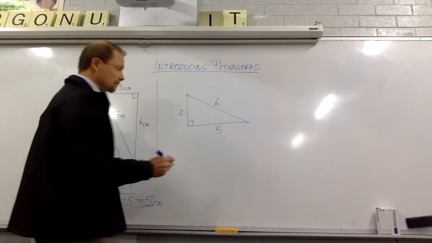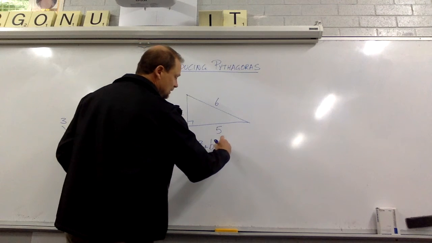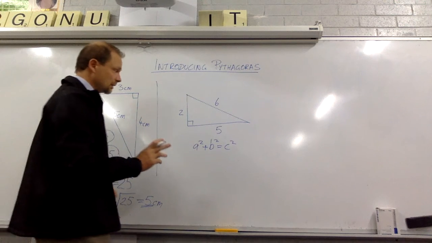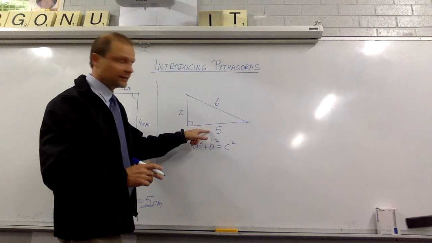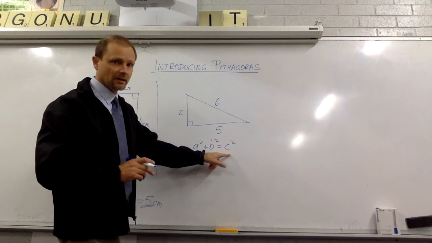Let's write it down. A squared plus B squared equals C squared. Got it? All right. A, I'm going to pick 2. It can be either the 2 or the 5, but it's certainly not the 6 because the 6 goes here.